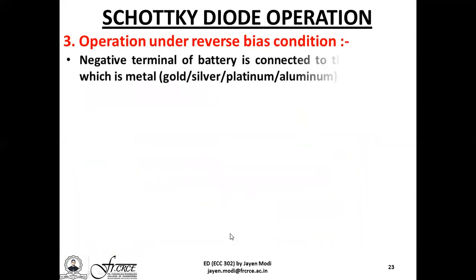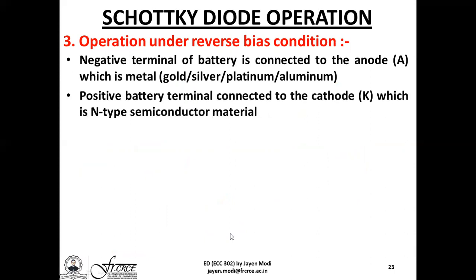Looking at the operation, we have the negative battery terminal connected to the anode, which is made of metal, either gold or silver or platinum or again aluminum. The positive battery terminal is connected to the cathode, which is an n-type semiconductor material.